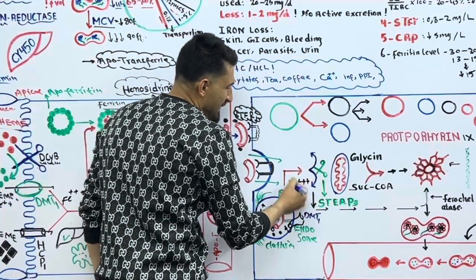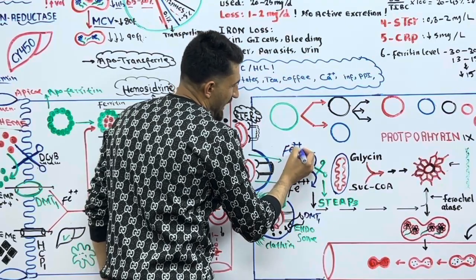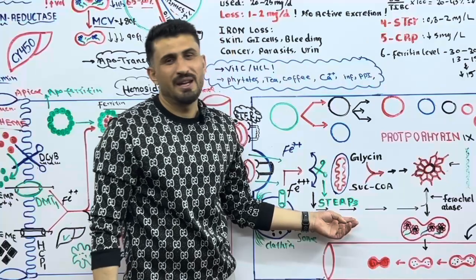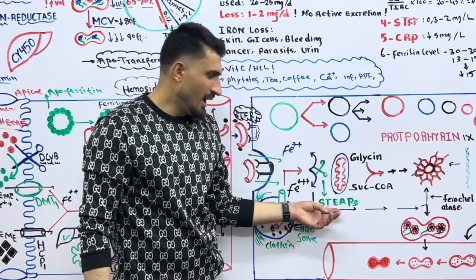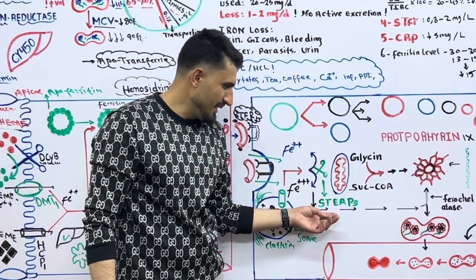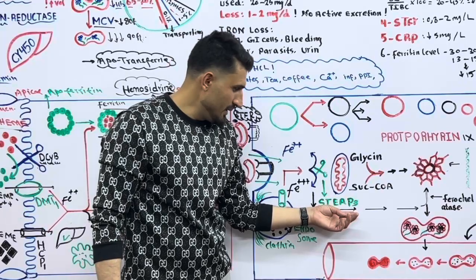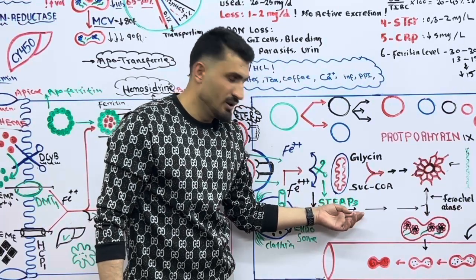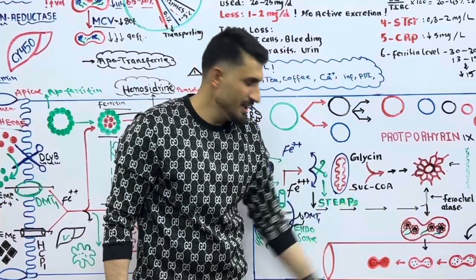So when I convert Fe3 plus into Fe2 plus, there is an enzyme called STEAP3. Look up the abbreviations on the internet, because you don't need to memorize the full length of these names.